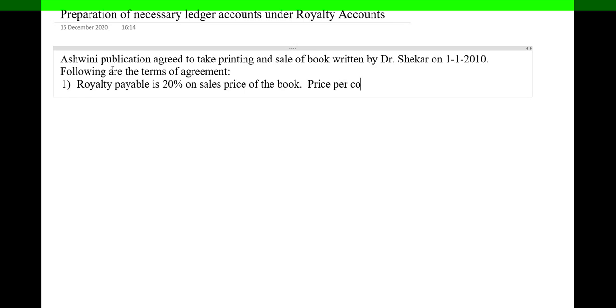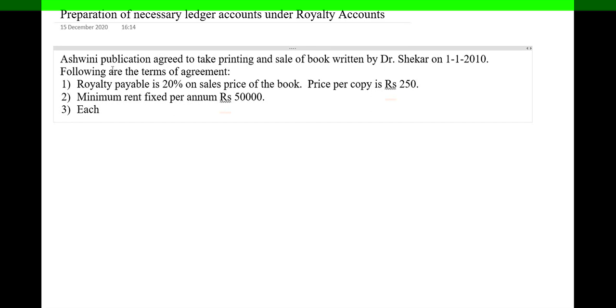Price per copy is ₹250. Minimum rent fixed per annum ₹50,000.